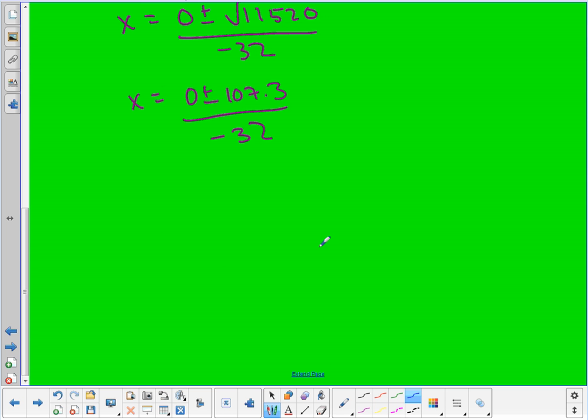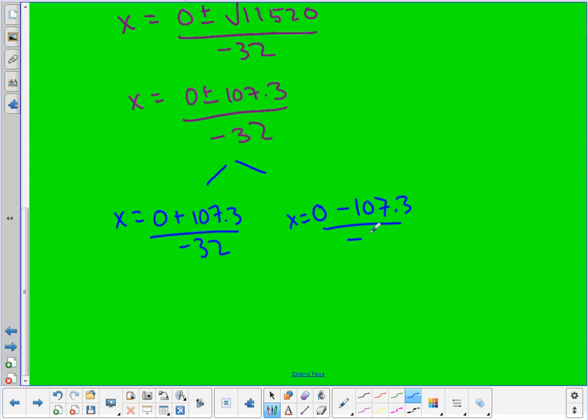It seems silly to split it, but I have x equals 0 plus 107.3 over negative 32, and x equals 0 minus 107.3 over negative 32. These are two different things, because 0 plus that is going to be positive 107.3 over negative 32, and this one is going to be negative 107.3 over negative 32.